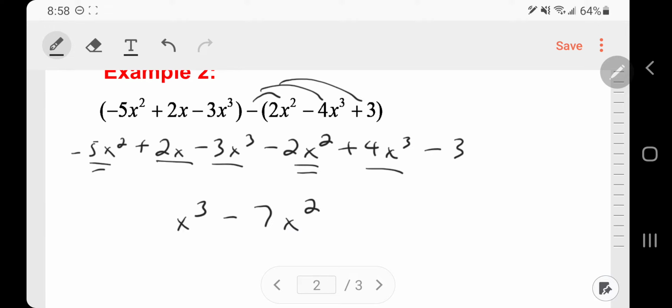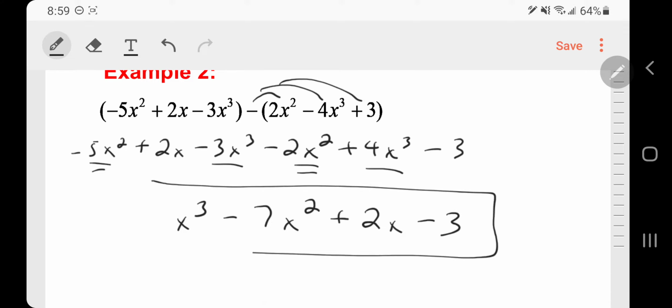I have a 2x, but that does not have anything it can combine with, so I'm just going to go ahead and write that down here as well. And then I have a minus 3 here, which also does not have any like terms to combine with. So there we are. And if you notice, I do them in order. Again, I try to find the highest exponents first, and then I work my way down to the lowest degree.